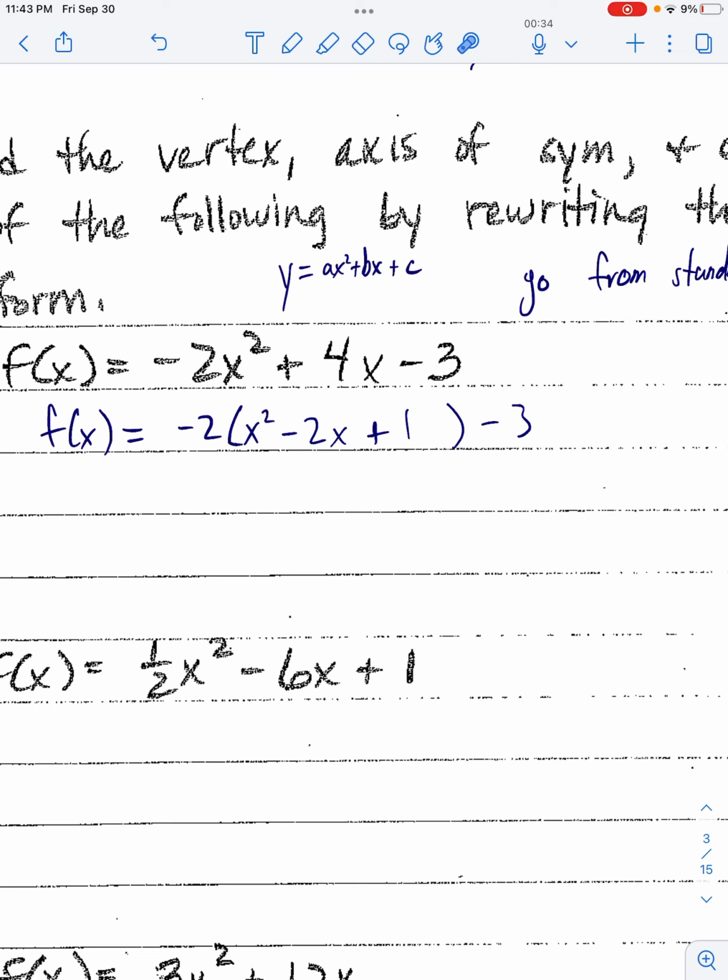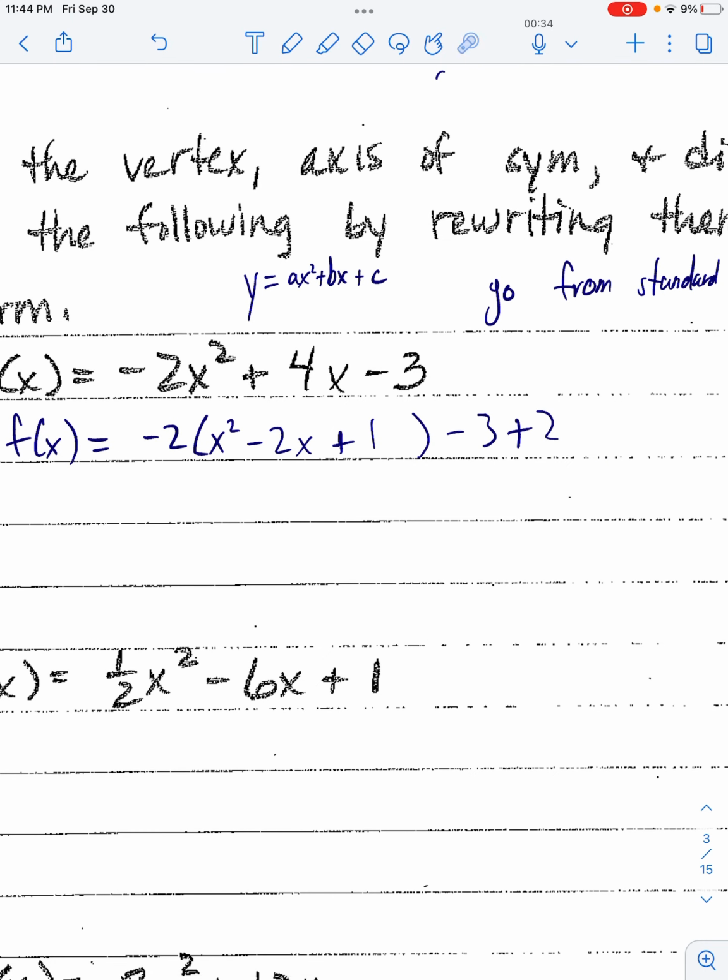When I distribute out this -2, I'm going to see that I subtracted 2 from this equation. So I've got to add 2 to make up for that. I can't just subtract 2 on this right side of my function without changing the equation in an illegal way. I have to do a -2 and a +2, which means I'm adding 0, which is allowed.